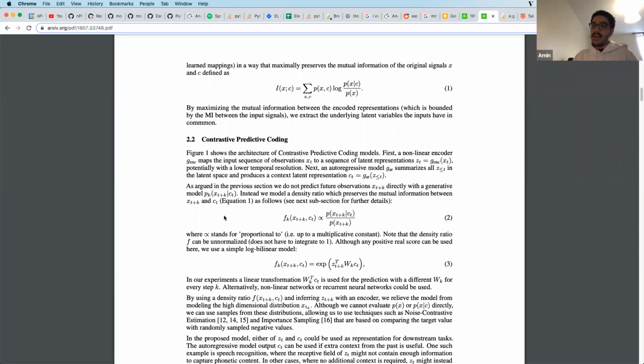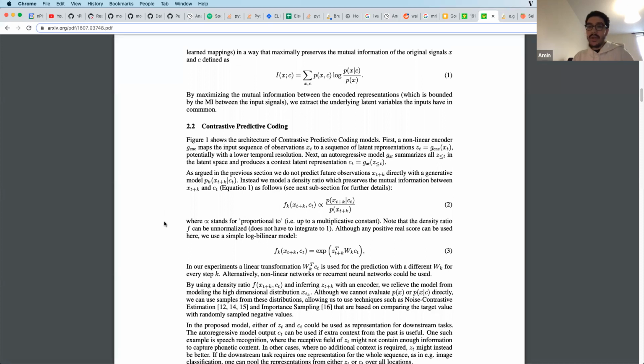Although in practice, it doesn't have to be autoregressive in this way. But the main idea is, instead of directly modeling this probability, you instead model a density ratio which preserves the mutual information between the two views. And so you instead use a cross-entropy loss to measure how well the model can classify a word amongst some negative samples.